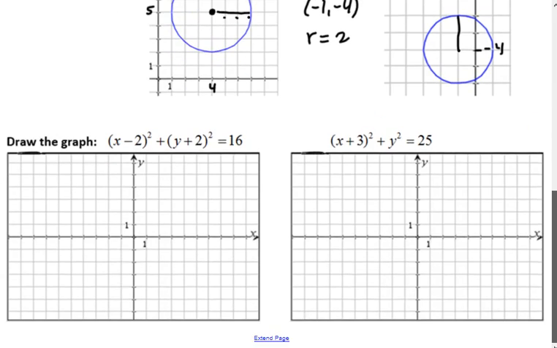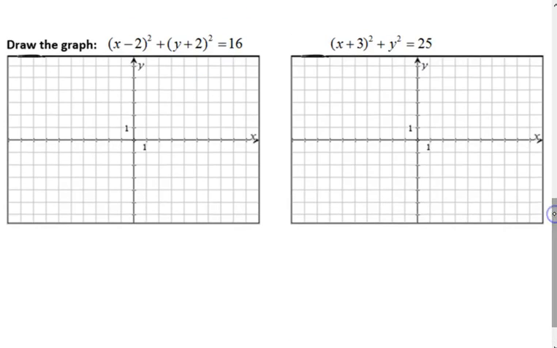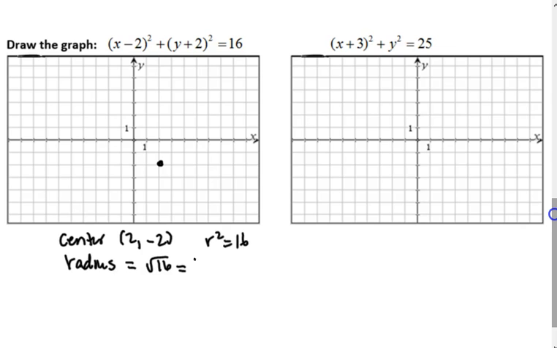Okay, the next piece would be, now that you have seen how this works, can you draw a graph given the equation? So first, I need to identify the center. When I look at this equation, the center is at positive 2, negative 2. The radius is equal to the square root of 16, because r squared equals 16, so the radius is 4.